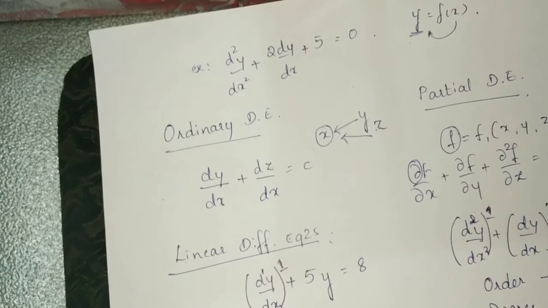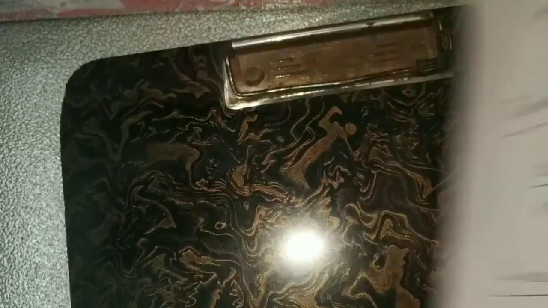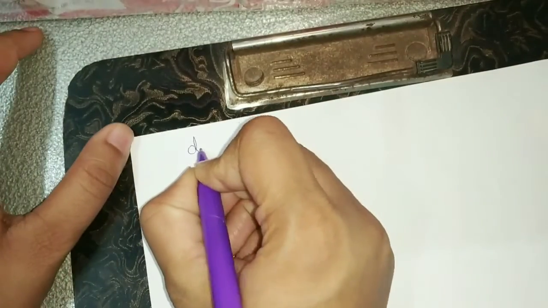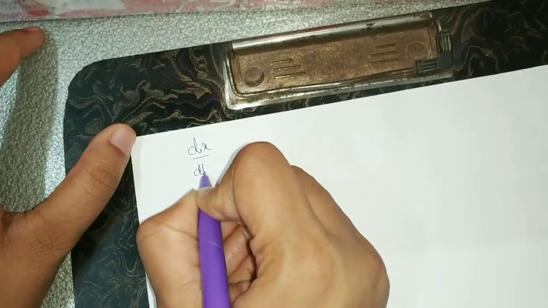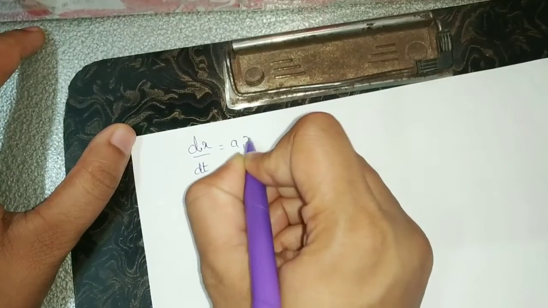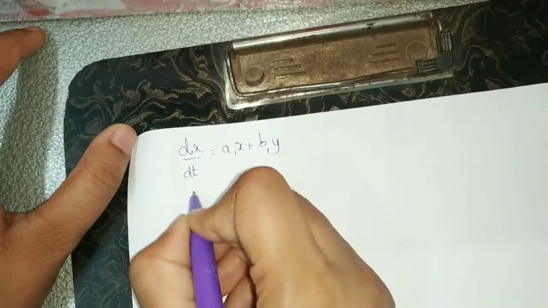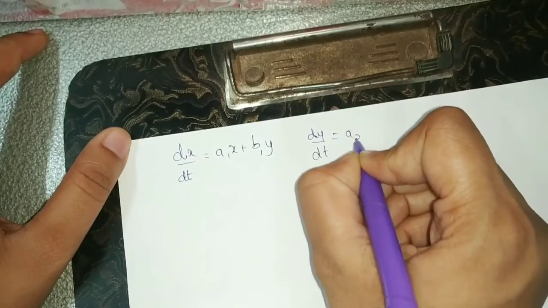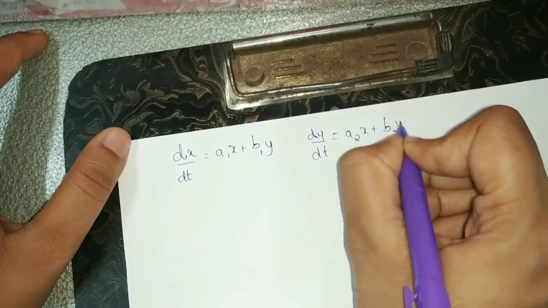Okay, just continuing the procedure in a simplified format. First, go for the homogeneous differential equation. Let us consider the system dx by dt equal to a1x plus b1y, dy by dt equal to a2x plus b2y.